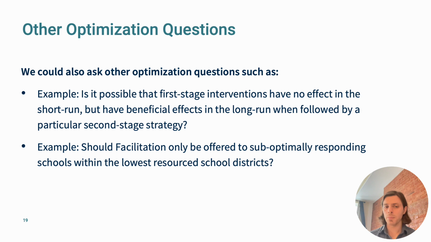So some other possibilities are, is it possible that first stage interventions have no effect in the short run, but are going to have beneficial effects in the long run when followed by a particular second stage strategy? Or maybe when we sit down and think about what facilitation is actually doing, we might think, well, in high resource school districts, there's not much of an opportunity cost to offering facilitation or to offering CBT in addition to other priorities of the school.